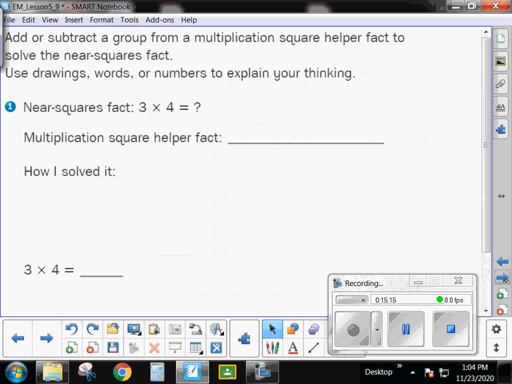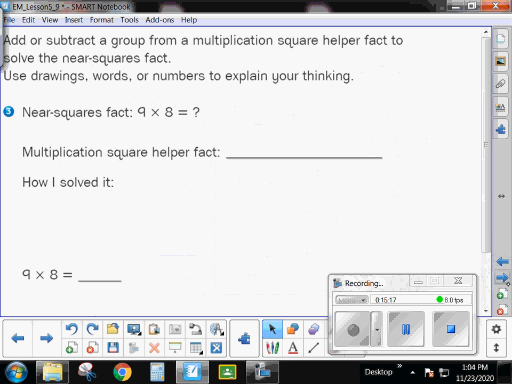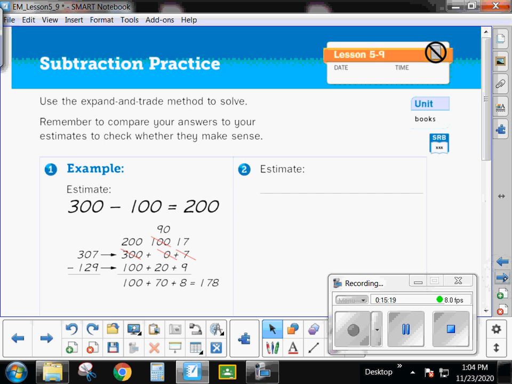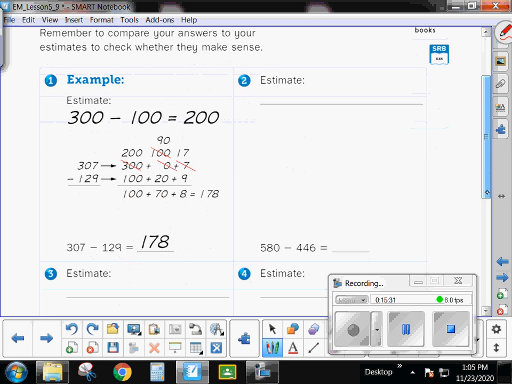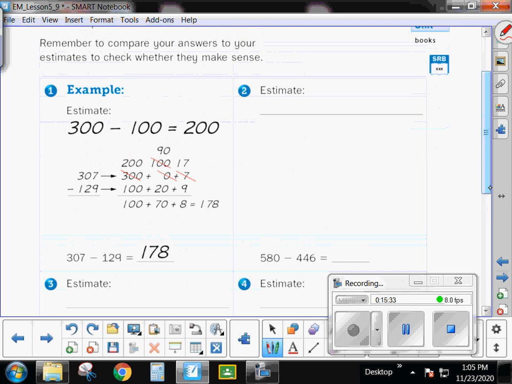And then once you do that, boys and girls, there is one more thing I would like for you to do for this lesson. If you turn to page, and I think it's page 182, again, make sure it says 5-9 and it says subtraction practice. And of course, subtraction is something that we've already worked on this year. So this is just a practice page. You know, we always have to practice so that we don't forget how to do something.